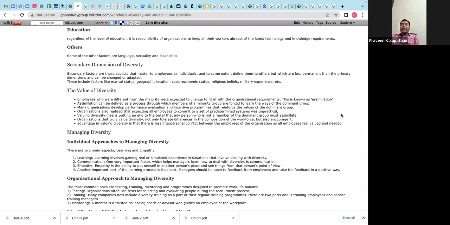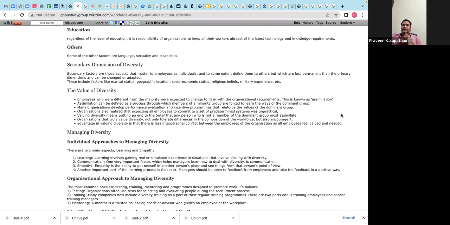Then you might start expecting the females, who are a minority in that company, to behave like males, maybe working late hours or whatever it is, which probably would not be very comfortable for women employees, right? This is only an example. The whole concept here is that you are expecting the minority to accustom themselves to the majority fit, right? That is what assimilation is.